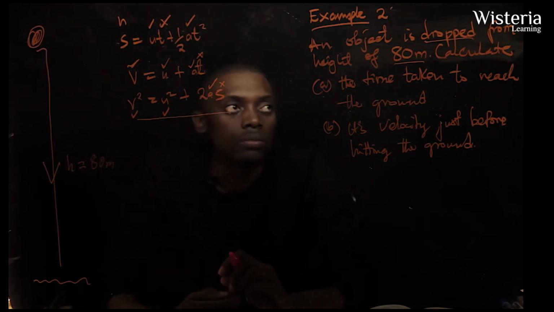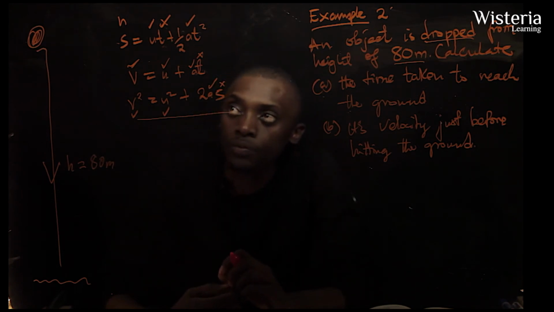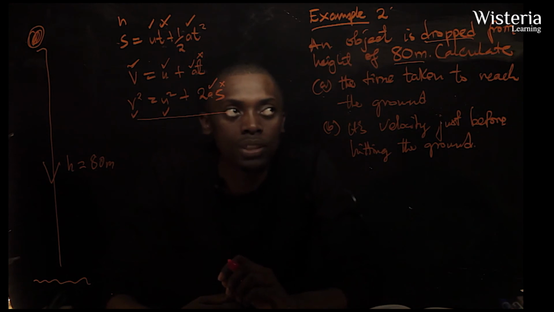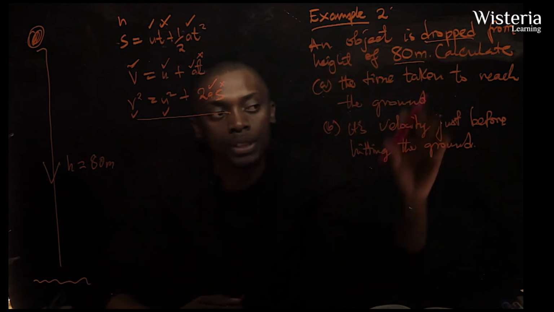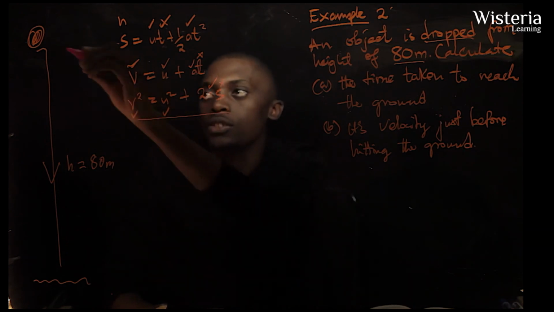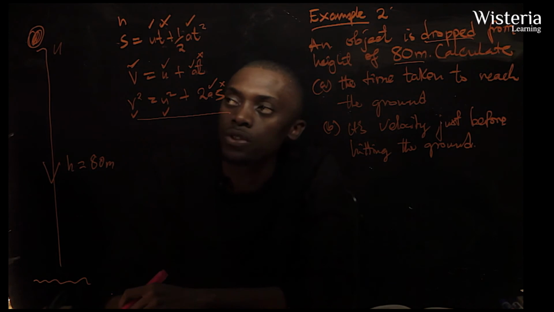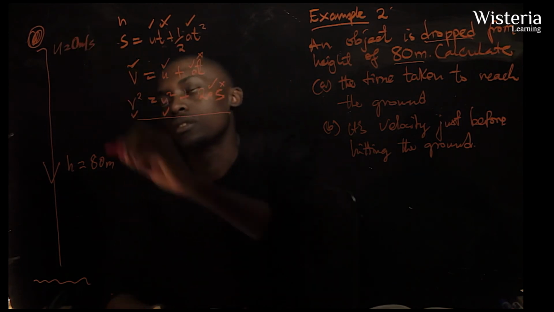Now, like we discussed in the beginning of the video, if an object is released to fall from a particular height, then it starts to fall with an initial velocity which is 0 meters per second.